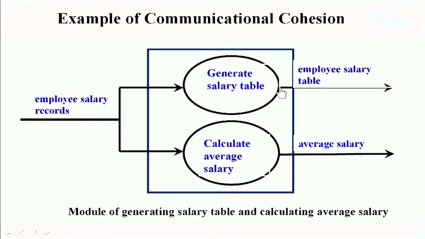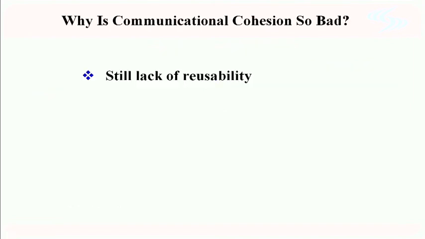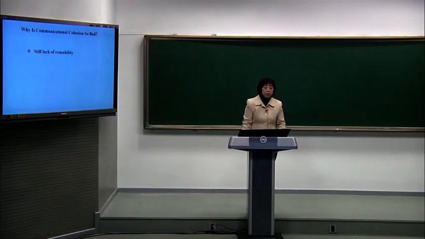And surely the outputs are different. The output of generate salary table is the salary table. And this one gives out the average salary. And surely such a module still lacks reusability because it will execute more than one task.